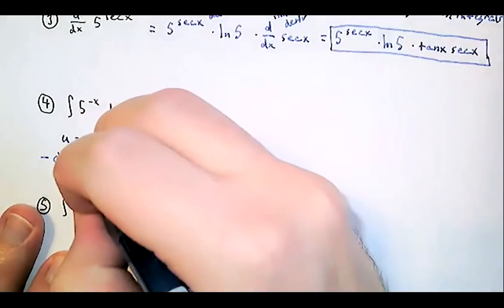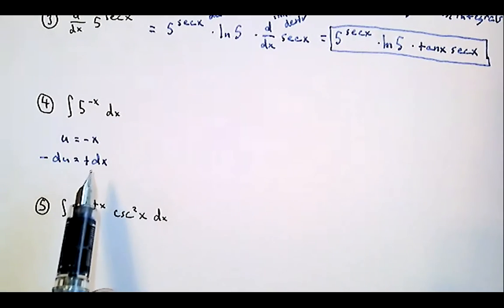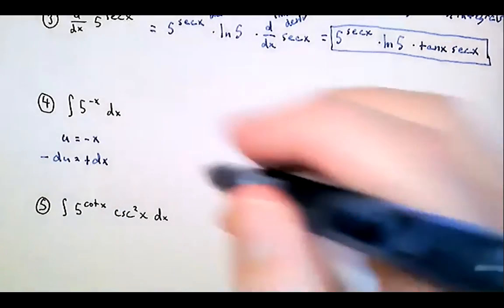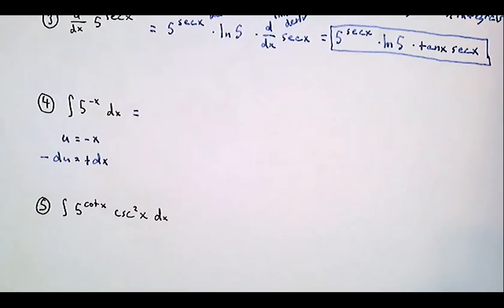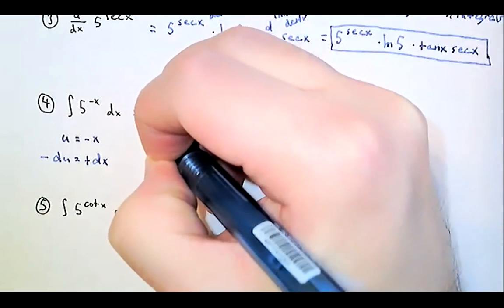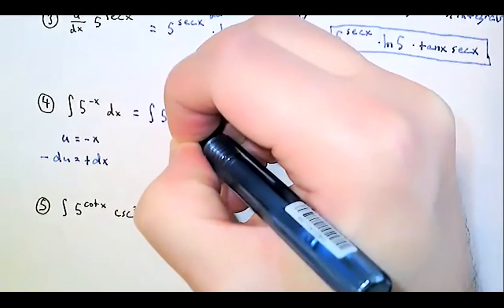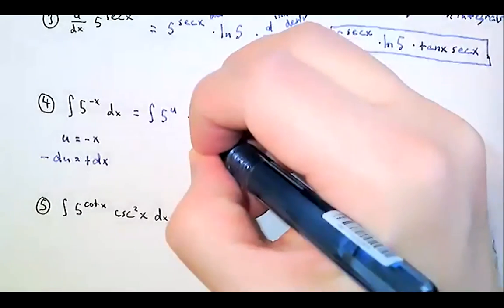So multiply both sides by minus 1 to get this. So now negative du is equal to positive dx. And that lets us finish off our substitution. Now we have 5 to the u and then dx becomes negative du.